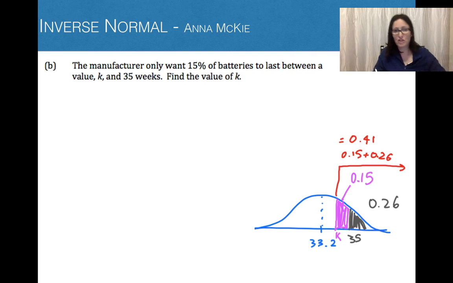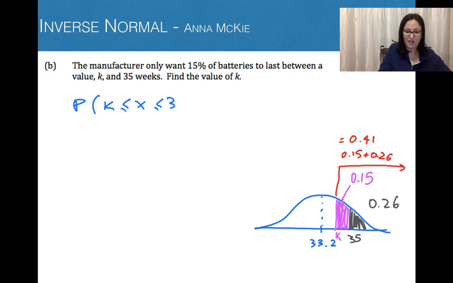And now you can use inverse normal. So what we're after is actually the probability of X between K and 35, and we want that to be 0.15. So eventually we're solving for K, and the setting out that we need to use for inverse normal here, INV N, that part doesn't really matter.